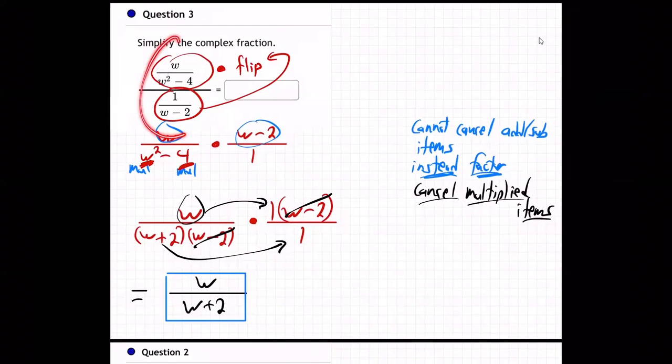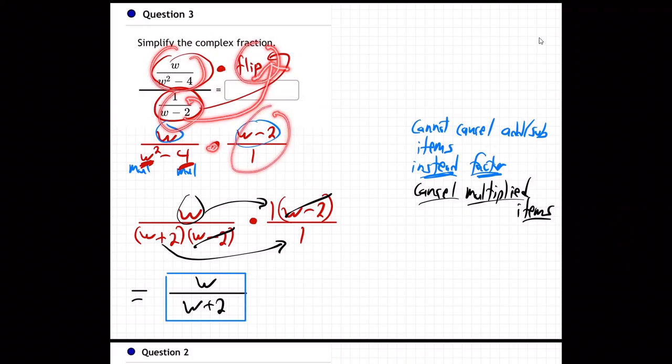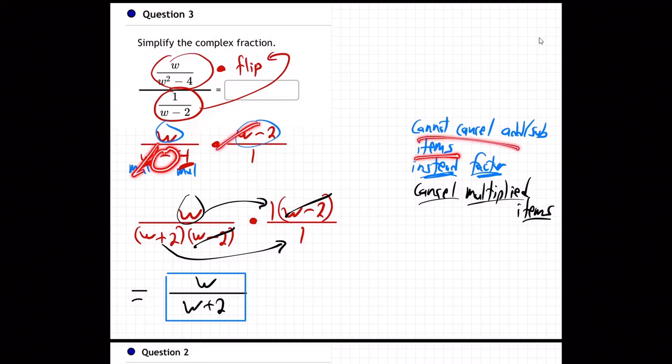What we did, we took that big, ugly, complex fraction, fractions over fractions, and we simplified it. We made it a lot smaller and cleaner. How do we do it? A big old fraction over fraction means dividing, and dividing is upside down multiplying. So flip the 1 on the bottom over to the right and change to multiplication. And then you have to simplify, but you can't cancel added, subtracted items.